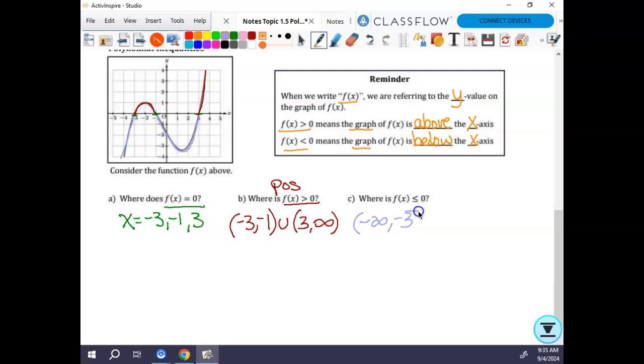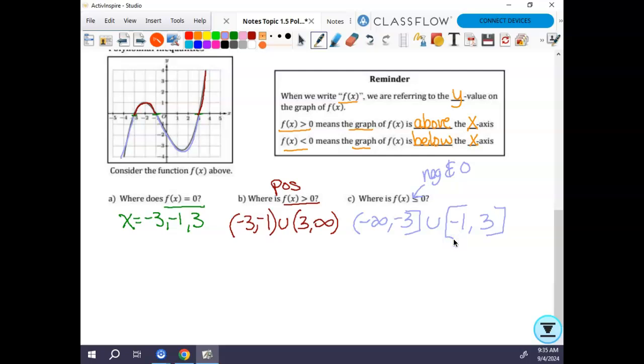Yes, because this says less than or equal to, which means we are looking for negative and 0. Both of those work for me, okay? And so make sure you're paying attention to those inequality signs. Then we start back over at -1, and we go to 3. Do I include those? Yes, because I'm including the 0 there.